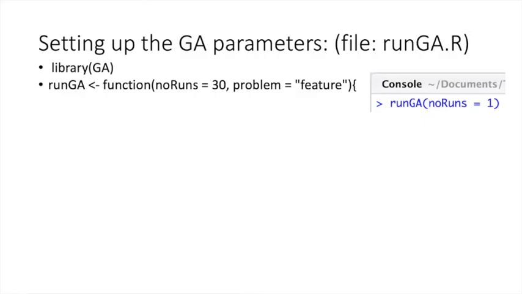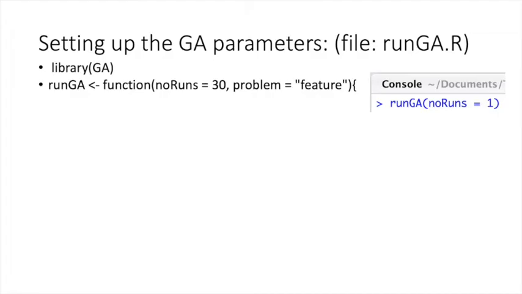Furthermore, you can see that the definition of the runGA function has a second variable called problem, okay? And the default value of the problem variable is set up so that if you do not supply the value for this variable, it will consider that the feature selection problem with linear regression must be run.